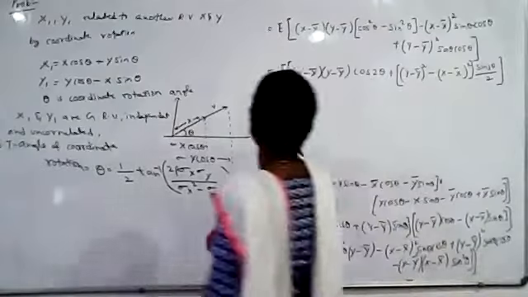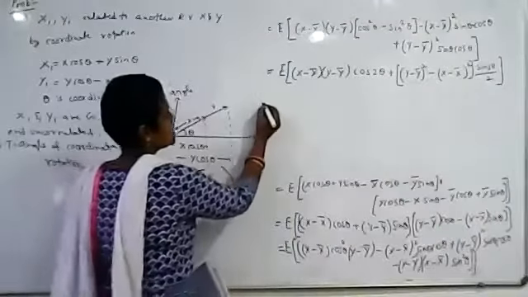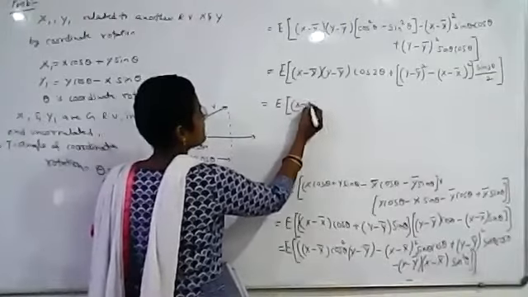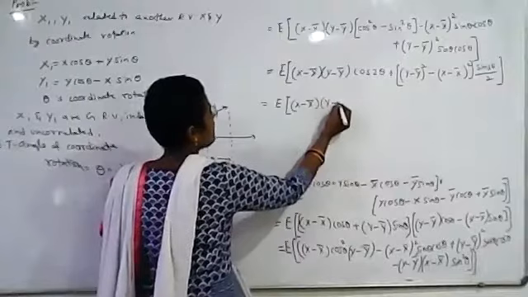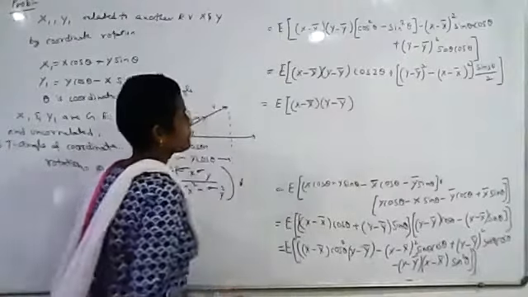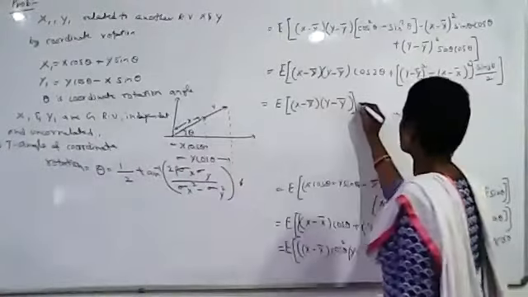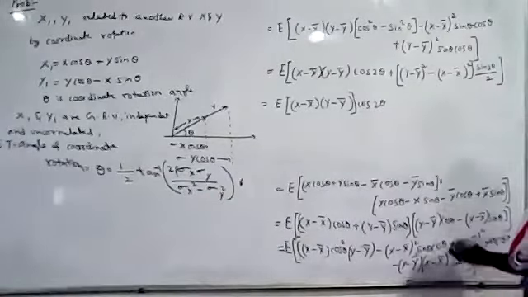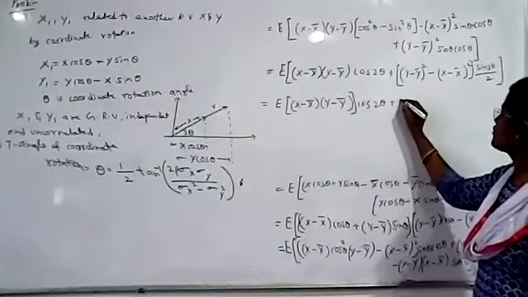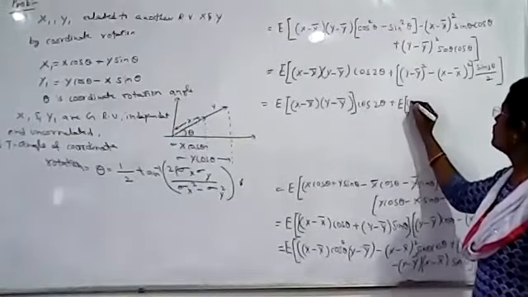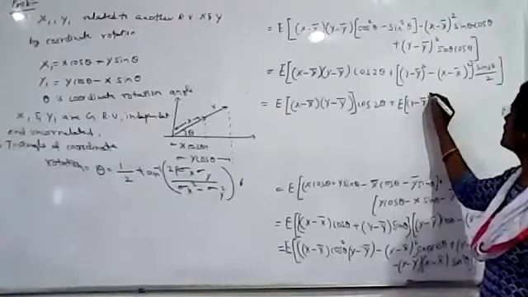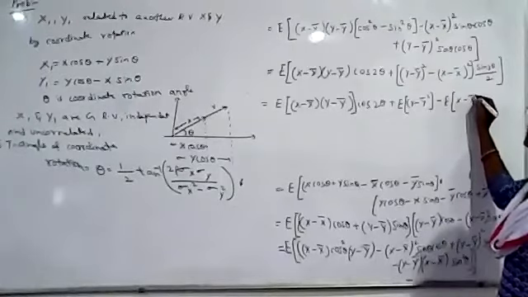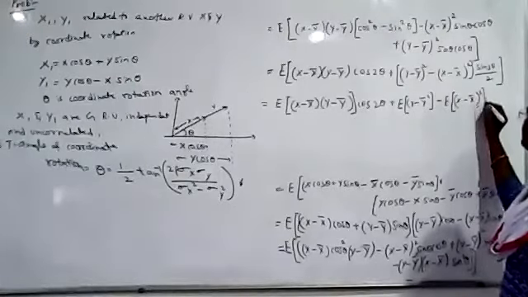Now, what is that we have discussed? See here, cos 2 theta is constant, no? That is why we will be applying expectation to x minus x bar, y minus y bar. Similarly, here also we will apply expectation to y minus y bar square minus expected value of x minus x bar square.